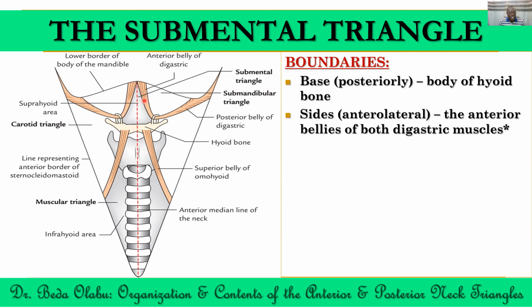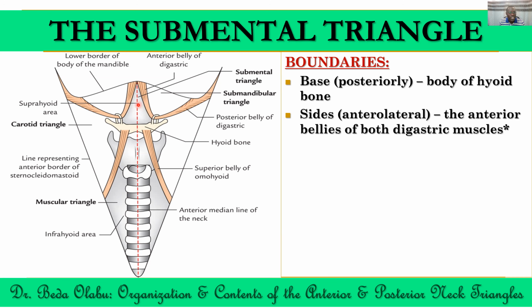There are different perspectives into the understanding of the extents of the submental triangle. You can consider the submental triangle to be just one triangle in the middle. In this case, we'll talk about the base being the hyoid bone and the anterolateral boundary being the anterior bellies of the digastric, and you're done, because you have right and left.